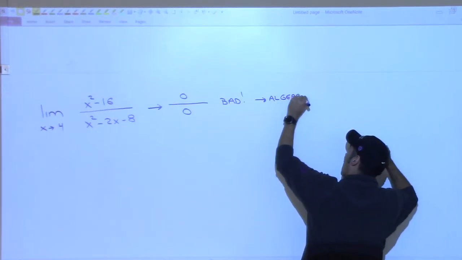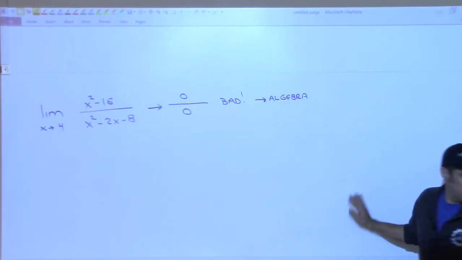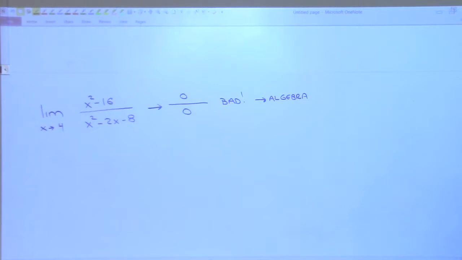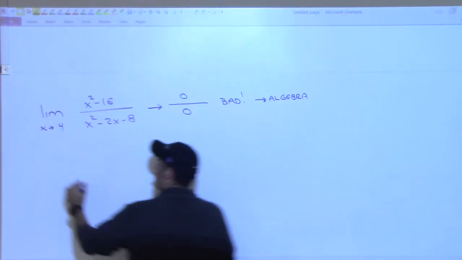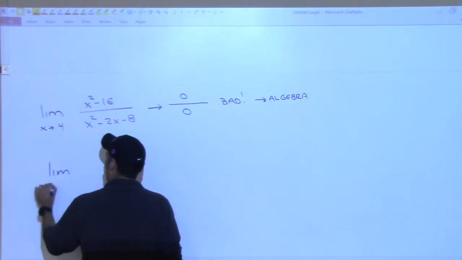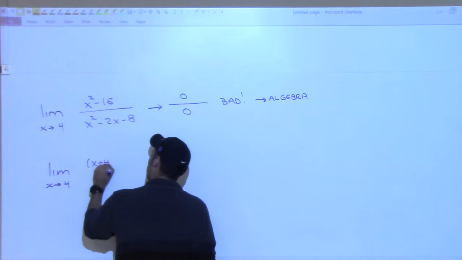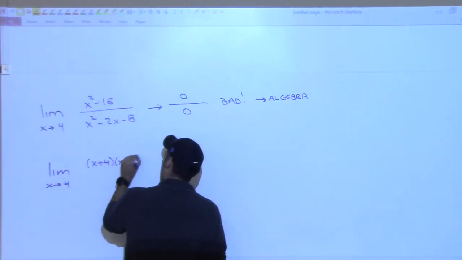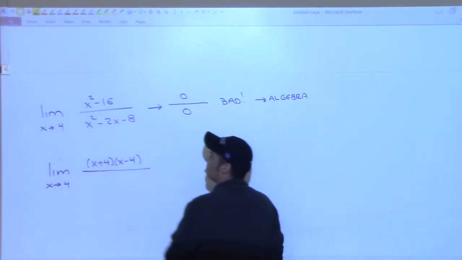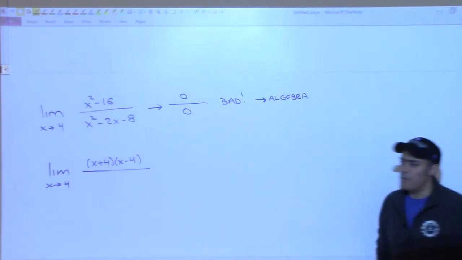Now, how did we handle the last problem? What kind of algebra did we need to do for the last problem? Some factoring, right? So this problem factors similarly. The numerator is a difference of squares, so it becomes x plus 4 times x minus 4. What about the denominator? It's a trinomial, right?